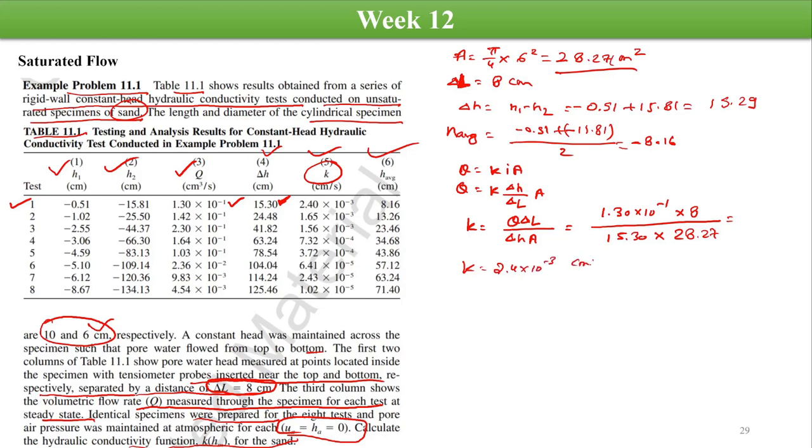The unit will be centimeter per second. See, this one is for test 1, right? Please have a look and let me know if there's any problem in this one.